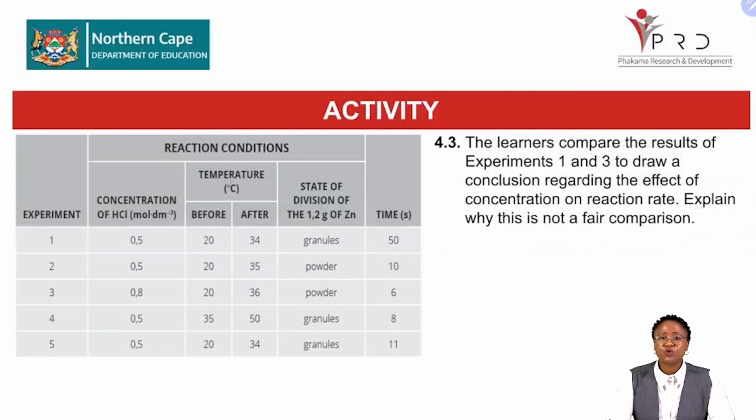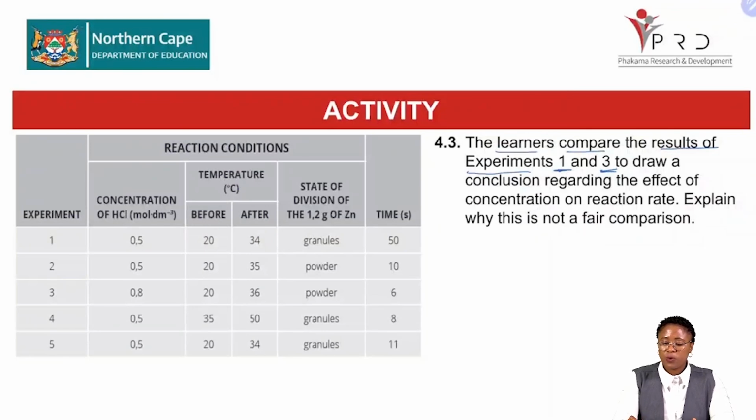Let's quickly move on to 4.3. It says the learners compare the results of experiment 1 and 3. Now we are done with experiment 1 and 2. As I said, the examiner will always guide you to say, look at this experiment and this experiment. So here we are looking at experiment 1 and experiment 3.